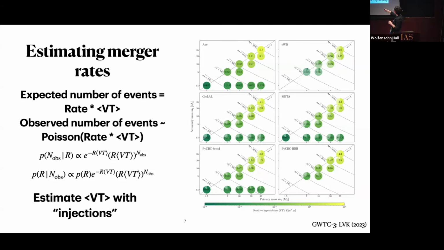I think it's very hard to read, but basically this color scale, and also the number in these circles, is giving you the sensitive volume for a binary black hole with masses that fall on whatever the X and Y axis is. So as you go to higher masses, you have a larger sensitive volume to binary black holes with those masses, because larger mass binaries emit louder gravitational waves, and so we can see them to a higher volume.